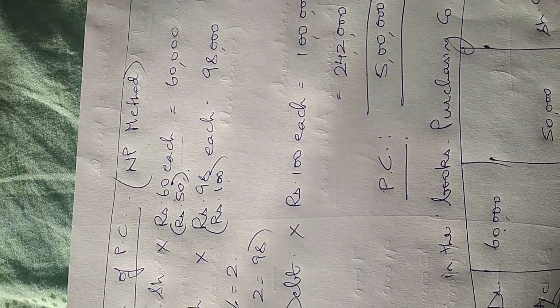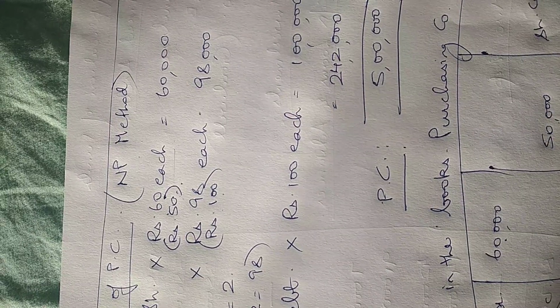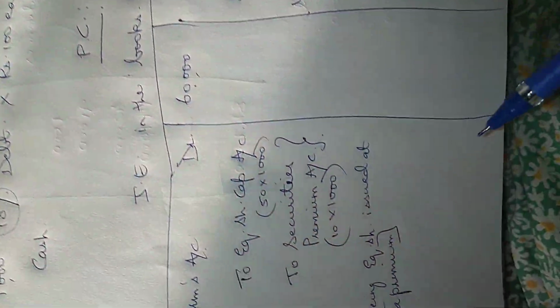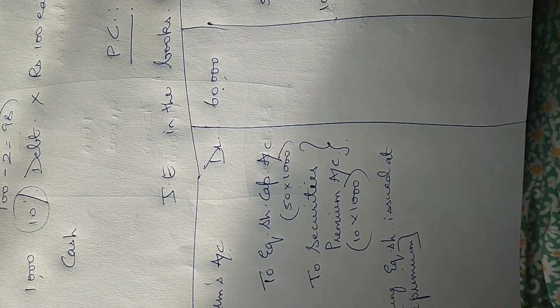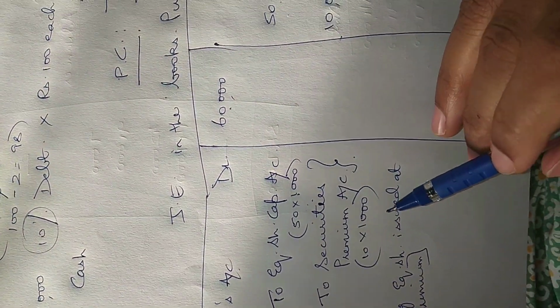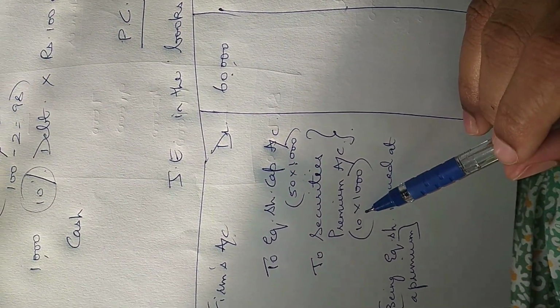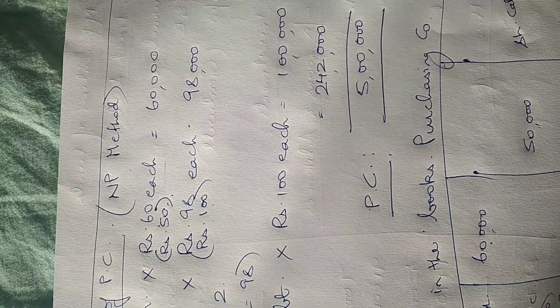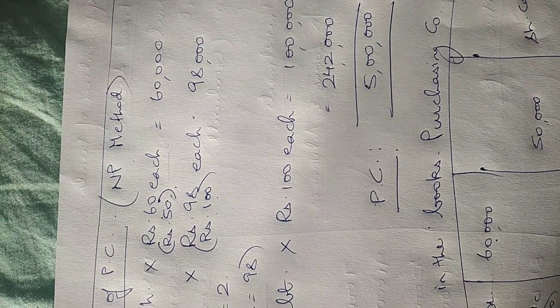When you calculate the purchase consideration, you will calculate it at the price that we have given, that is 60 rupees. But when you show the discharge, you have to show that 60 rupees separately as to how much it is actually worth, 50, and how much is that extra amount which we have calculated, which is 60 minus 50, 10 rupees. Same way for preference shares, they said that it was worth 100 rupees, but we have issued it at 2% discount.